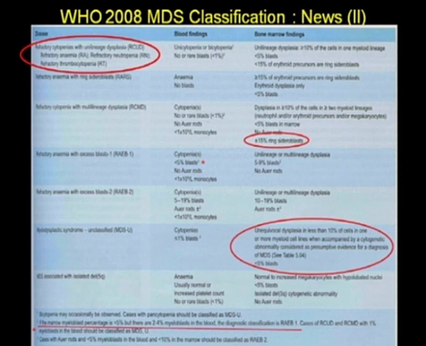It is very important that if you have blasts in peripheral blood and less than 5% of blasts in bone marrow, and you fit the criteria, you classify the patient as RAEB1. And again, you see how important it is to harmonize the enumeration and the differential in peripheral blood and in the myelogram.